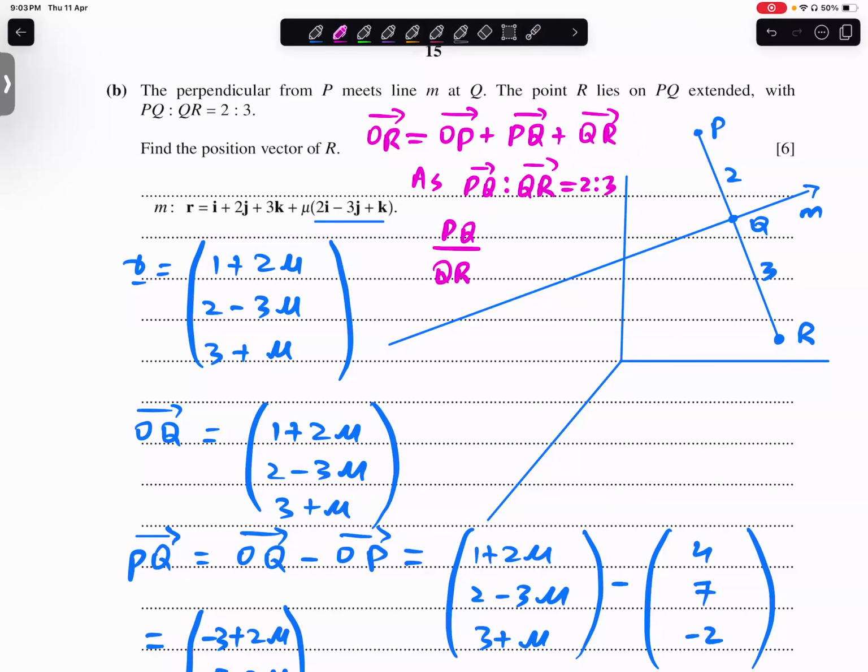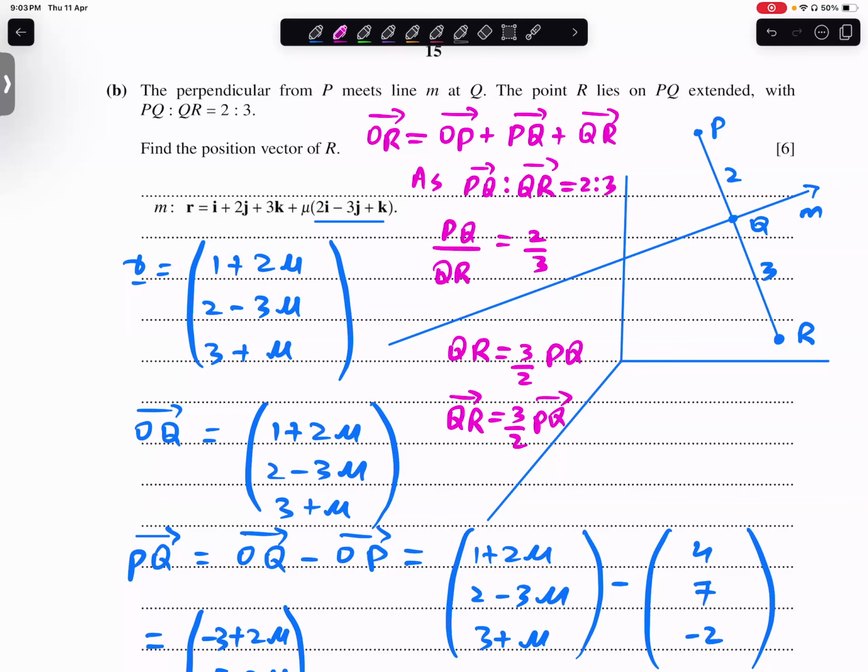I'm dividing their lengths. So PQ over QR is 2/3 in terms of ratios. If you make QR the subject, QR will be equal to 3/2 PQ. So convert it again into vectors. So QR is equal to 3/2 PQ.